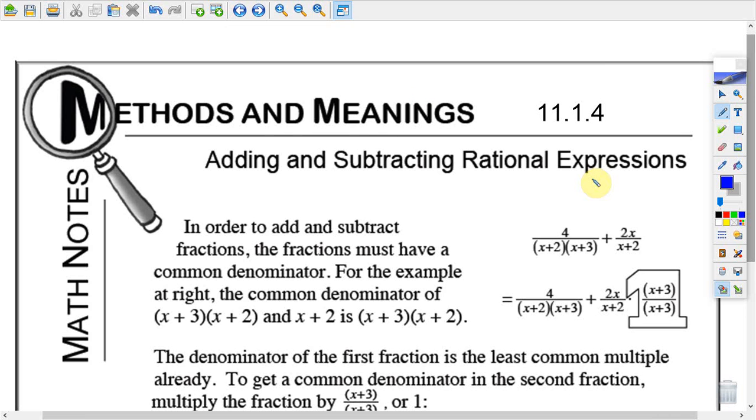This is 11.1.4. Just like with any other fraction, when we're adding, we have to have a common denominator. It's just going to look a little bit different now.